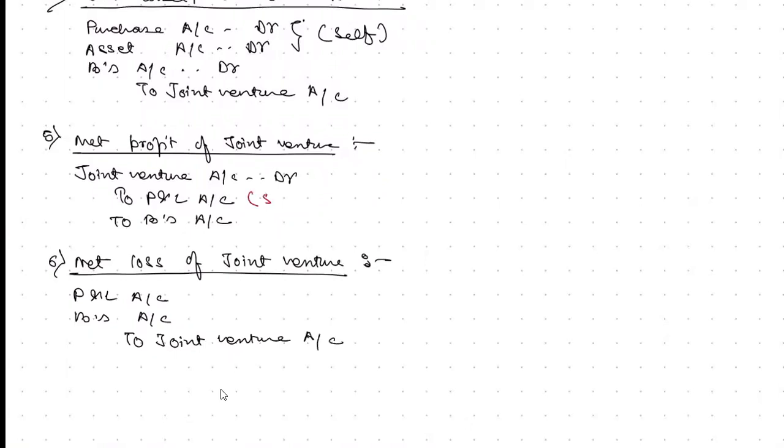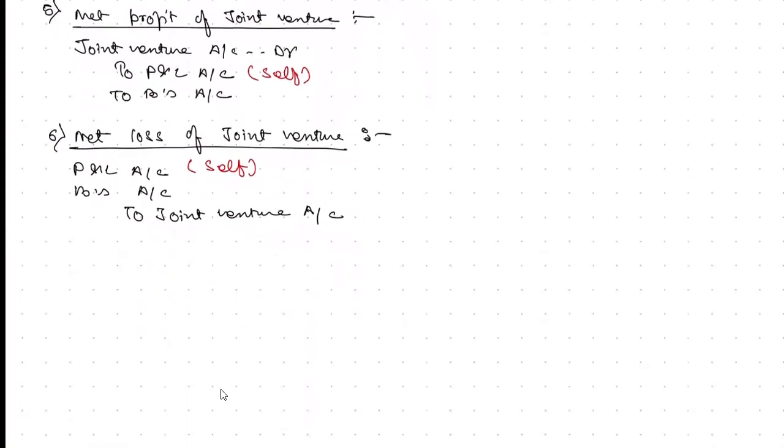Write it. P and L account when it is for self. Okay. One more entry can be there when it is payment received. When payment is received, in that case, if we are receiving, then cash/bank debit. To whom we will credit? To B's account.